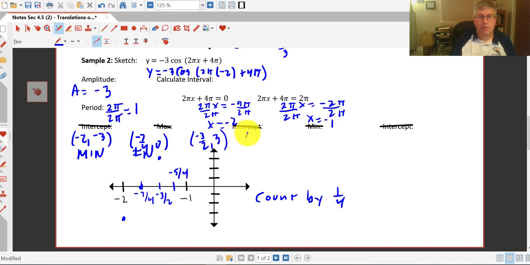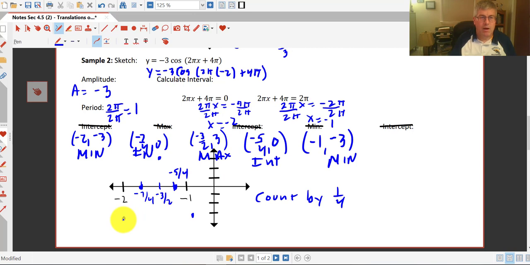And then we have another intercept at negative 5/4, 0. So we're coming back down. And then we have another point, negative 1, and that's going to be down at negative 3. So we're back at another minimum again. And that one was a max.